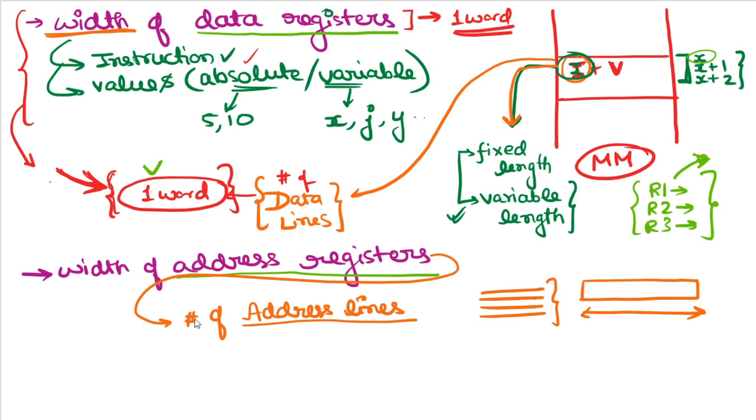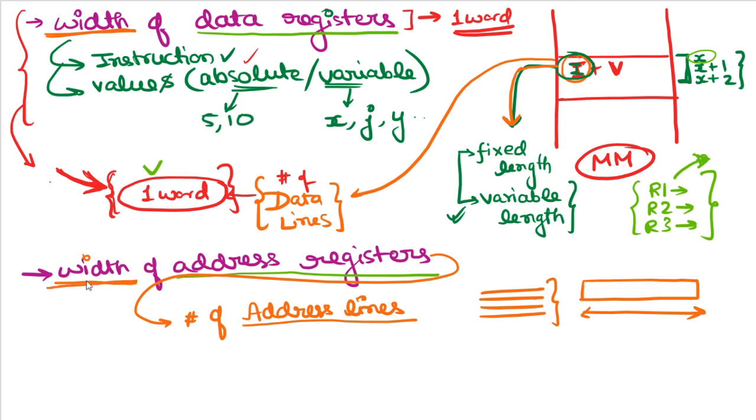But what we generally see practically is that, in order to make registers general enough to store data as well as addresses, they have the same width.